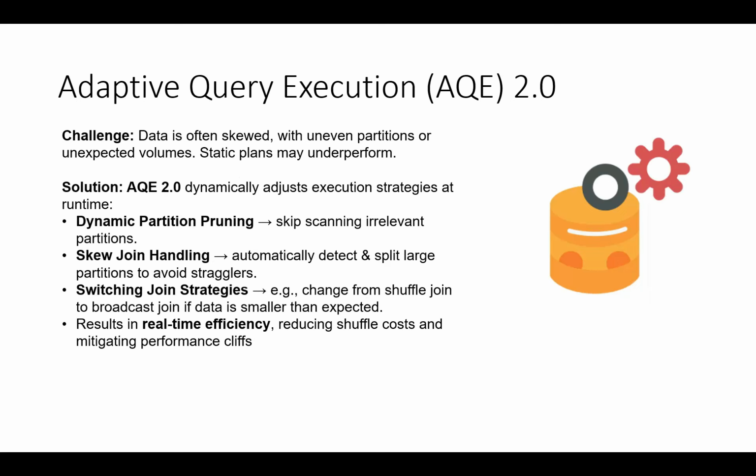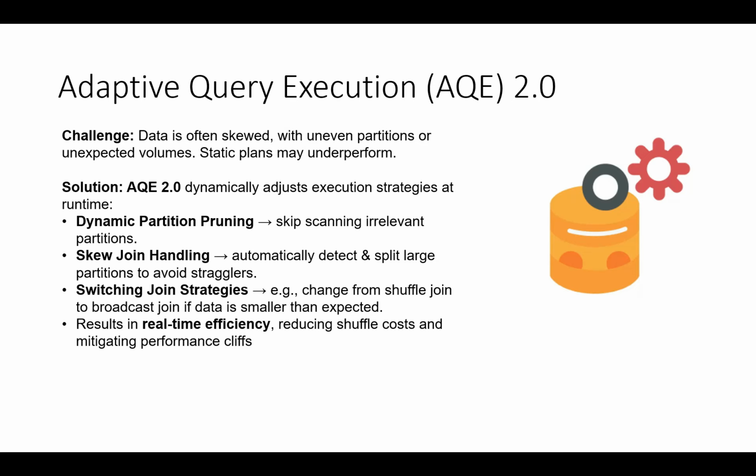You have heard about adaptive query execution, right? Adaptive query execution is also a way of getting performance efficiency. How? There is often skewness in data, which means our data is partitioned, but the partitions are not equal. Some partitions are very small, some are large. So data is skewed.